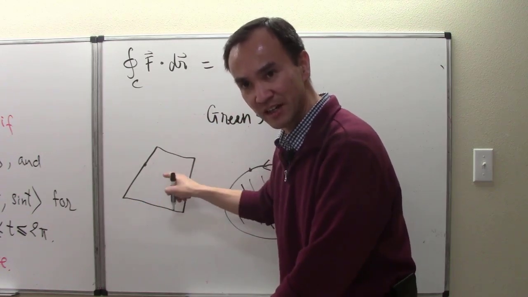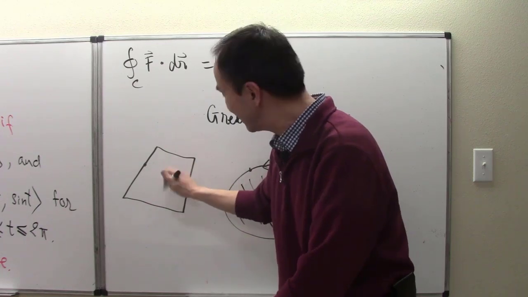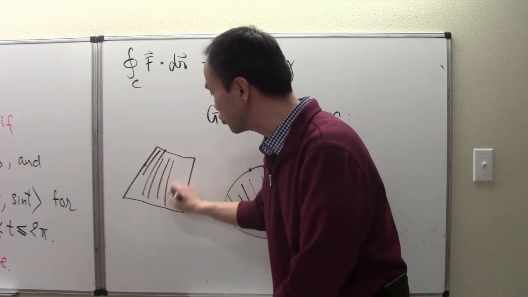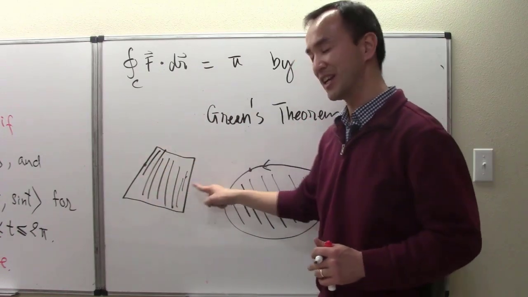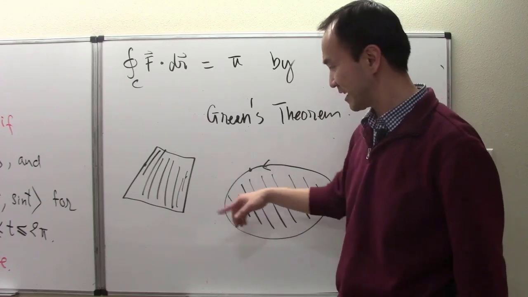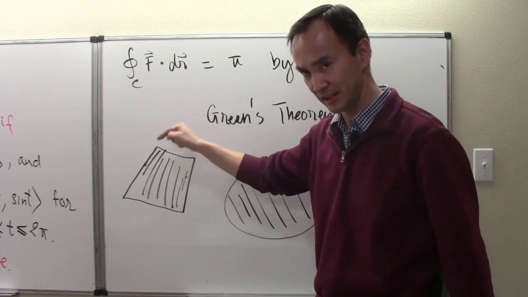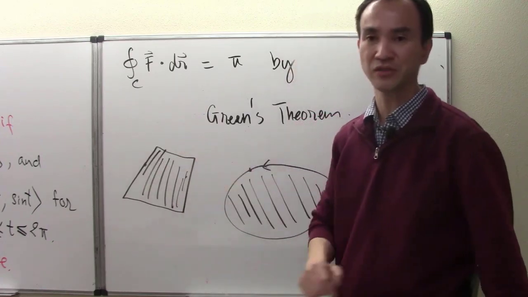In the end, this is still in the same category, a simple closed curve, and there's a region, a domain inside of that. So the curve C is the boundary here. At the least, the curve has to be piecewise smooth. That's what it means.